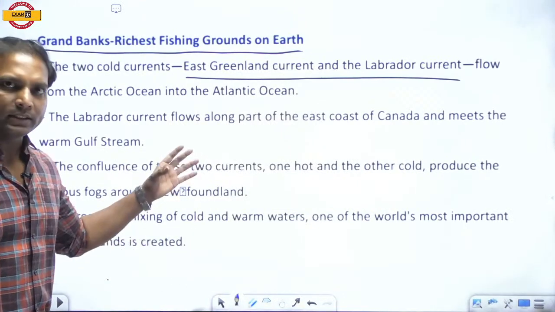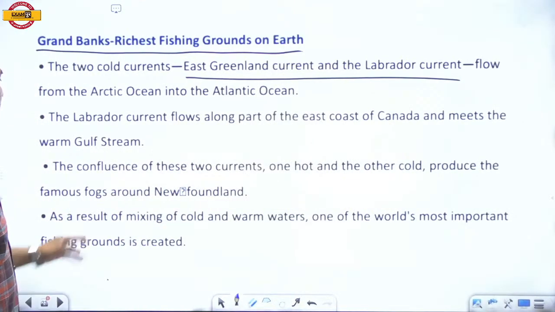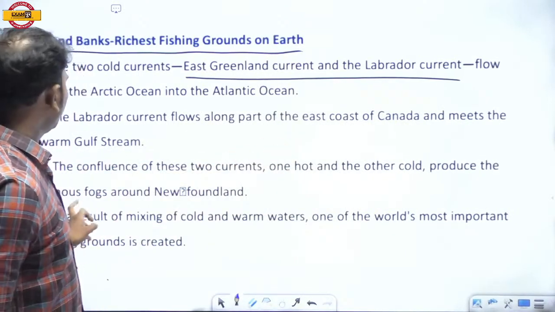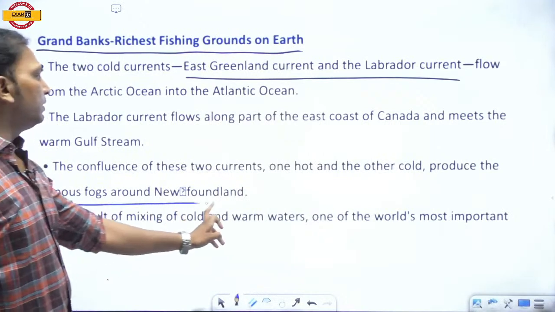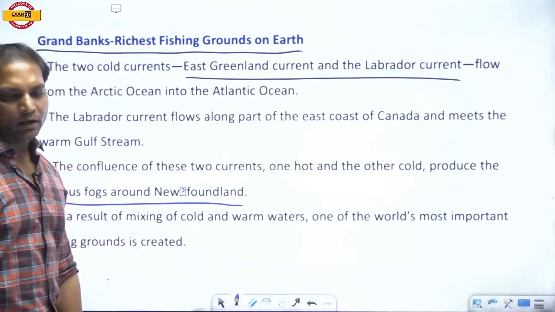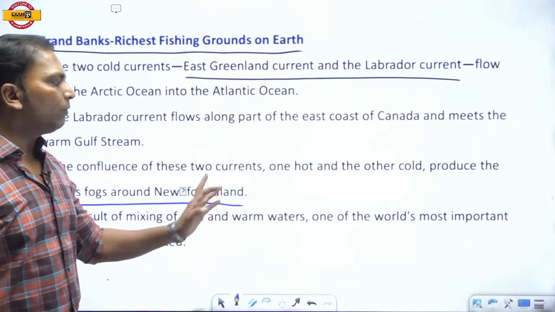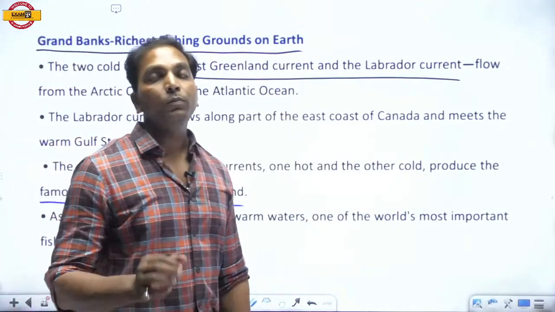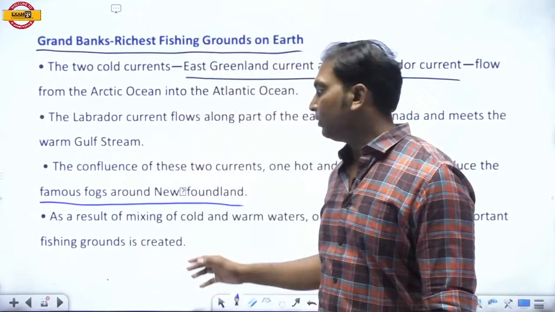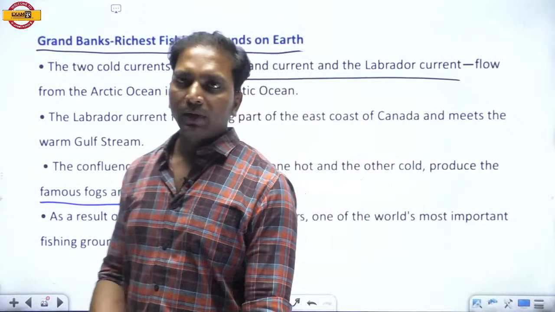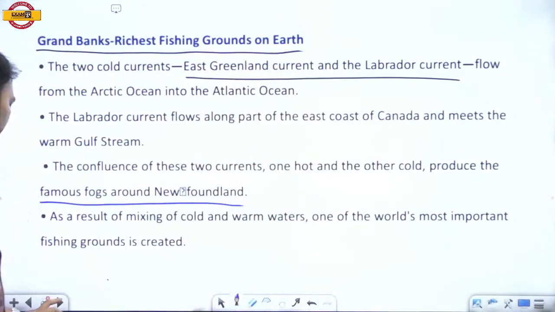What I have explained is written in this slide also. The confluence of these two currents, one hot and the other cold, produces the famous fogs around Newfoundland. As a result of the mixing of cold and warm water, one of the world's most important fishing grounds is created.